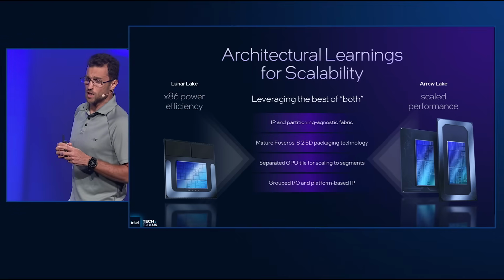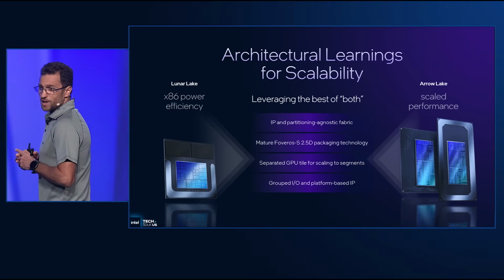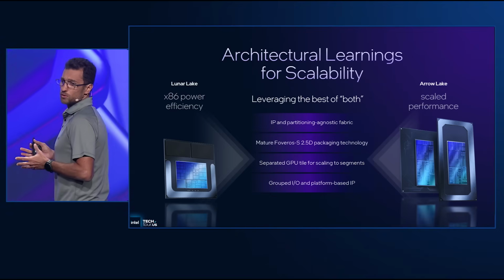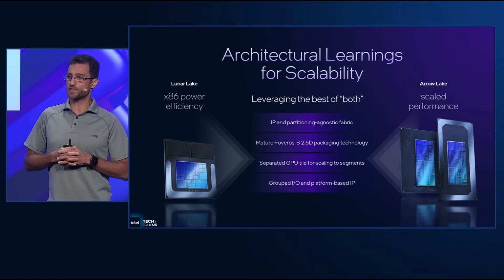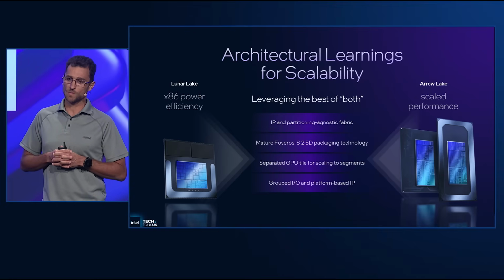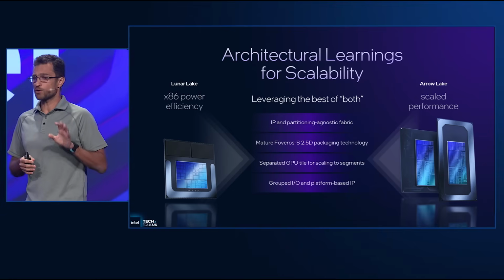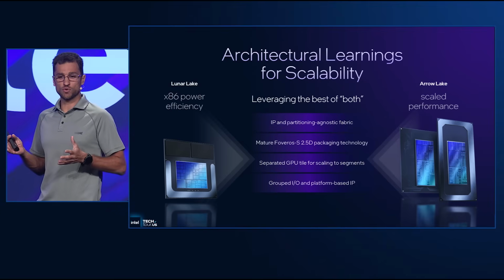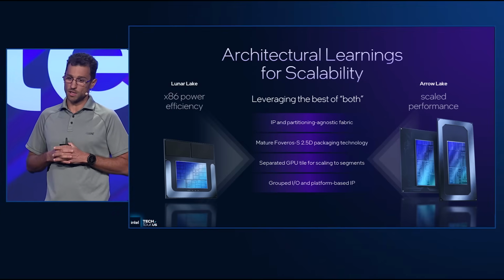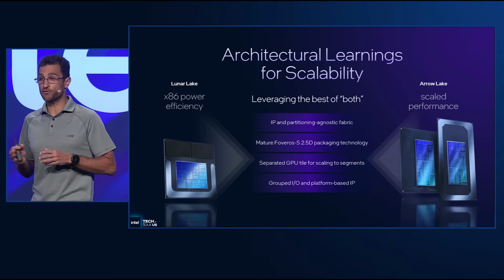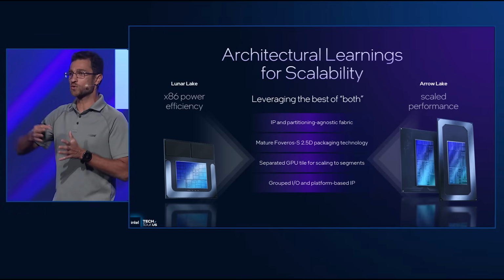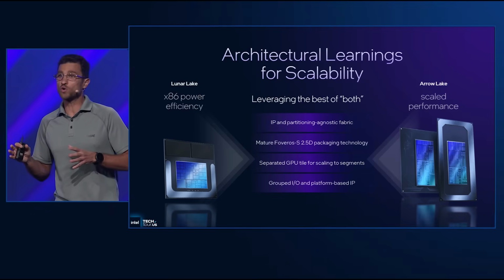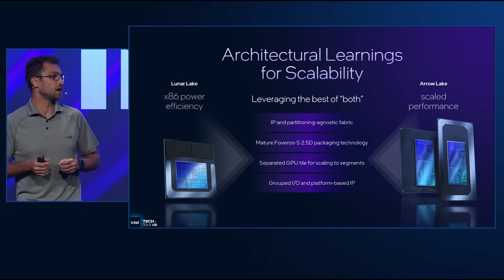With both, Panther Lake delivers a powerful mobile processor across a wider range of segments. Panther Lake utilizes our fabric together with a mature Foveros packaging to separate the GPU from the compute tile, allowing graphics to scale across segments and also to group all IOs under one tile.